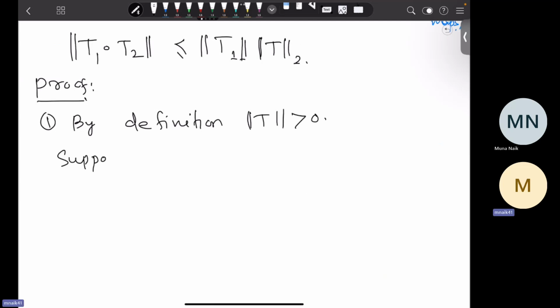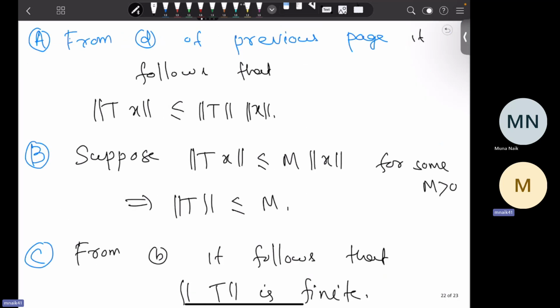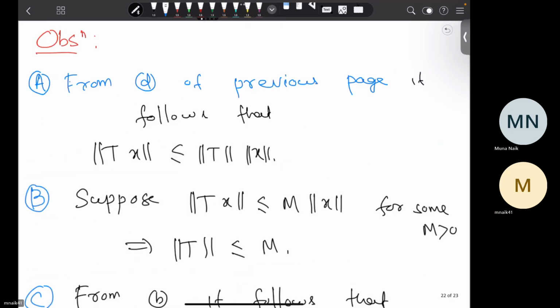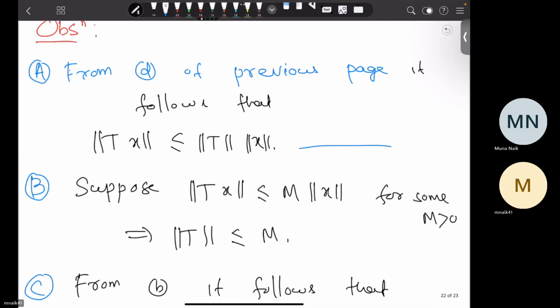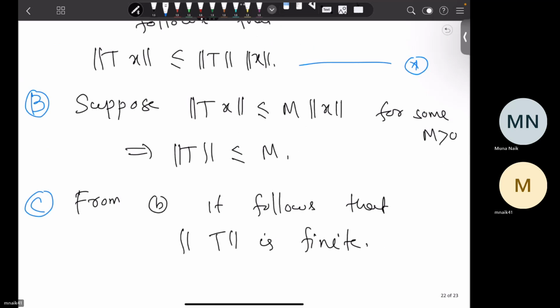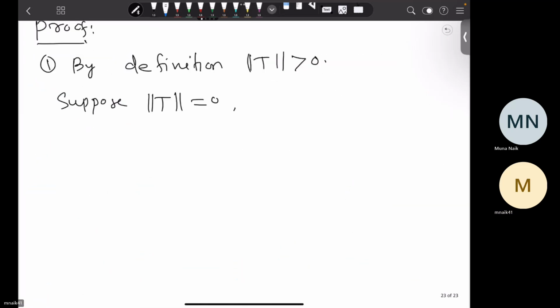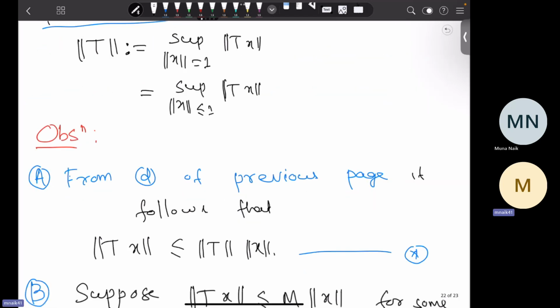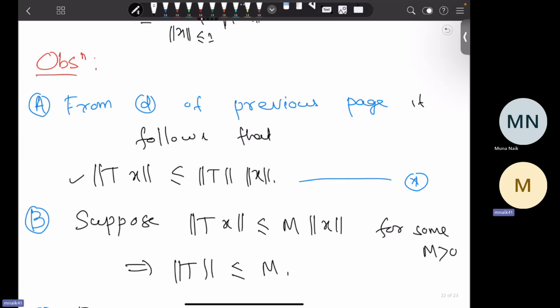Suppose the norm of T is 0, then let us call this star. By the star of the previous space, if this is 0, the norm of Tx is equal to 0, right?